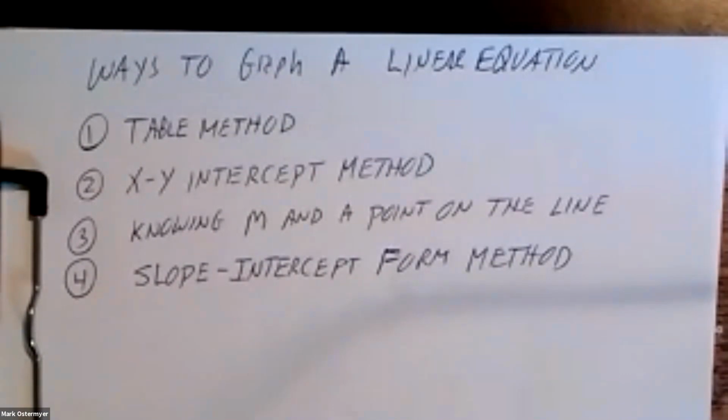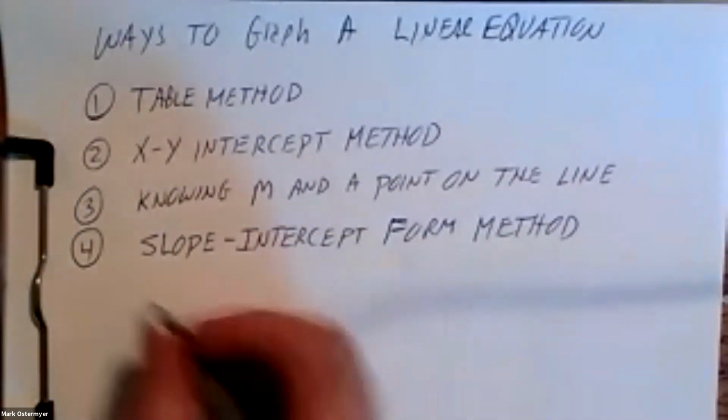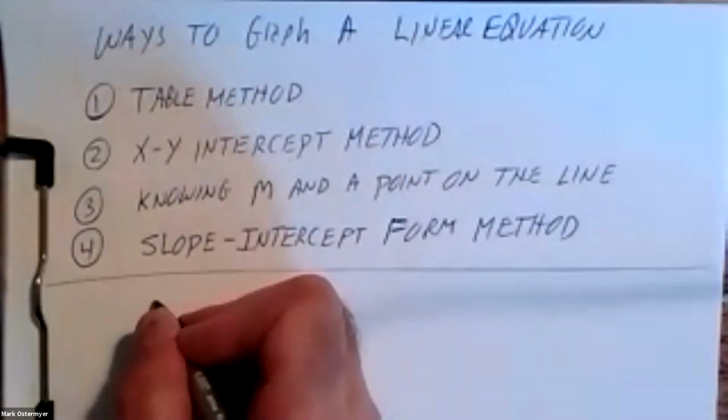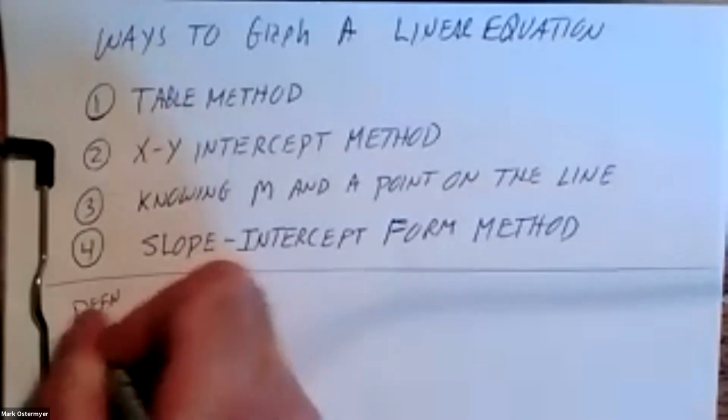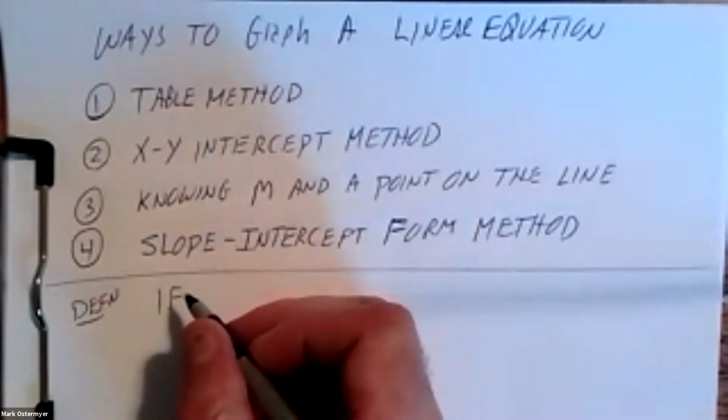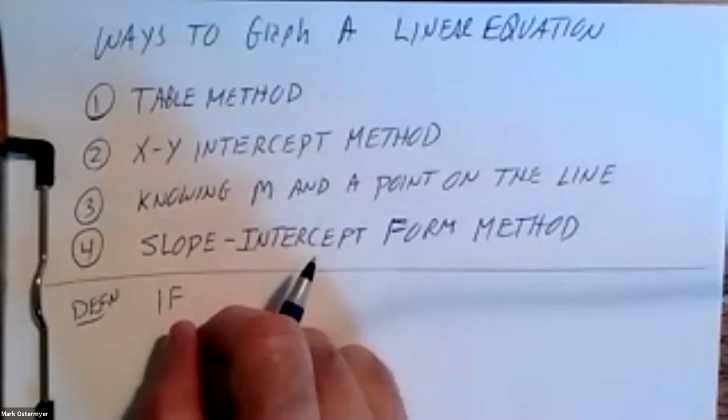So by the time we get done with this last section here, we'll have added another way to graph a linear equation: slope intercept form. Here is a definition to open up this new section, 3.5.